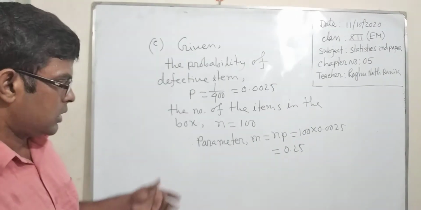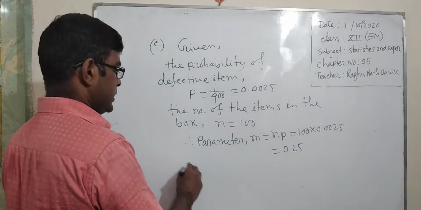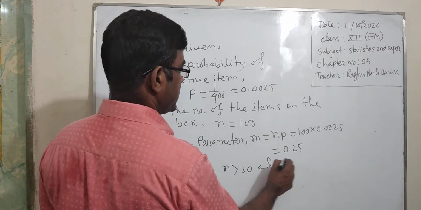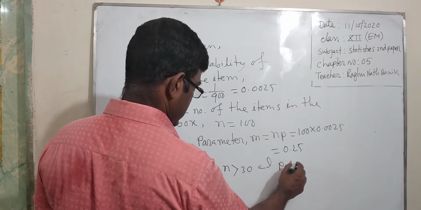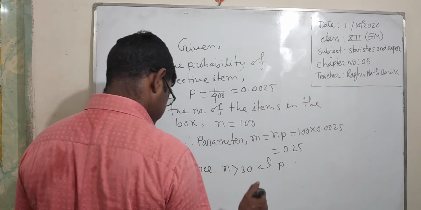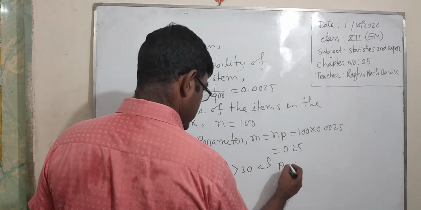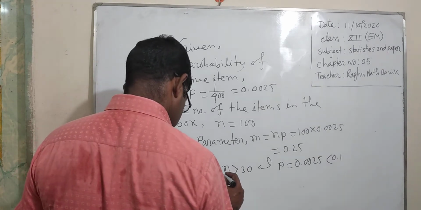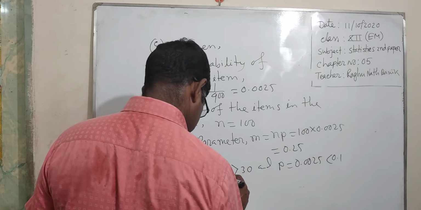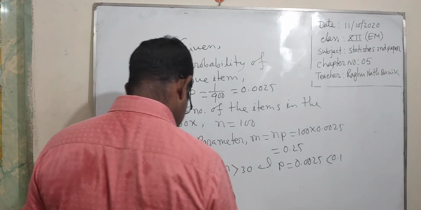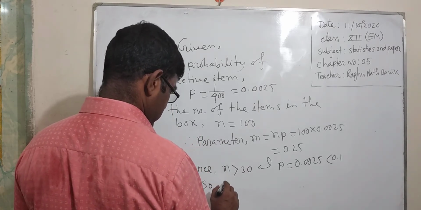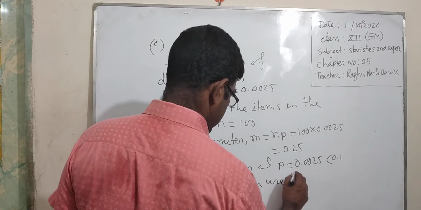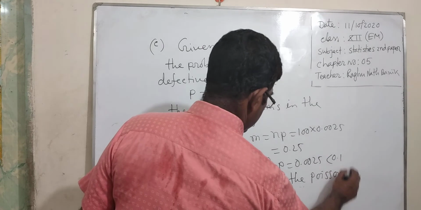Since n is greater than 30 and p equal to 0.0025 is less than 0.1, we can use the Poisson distribution to solve the given problem.